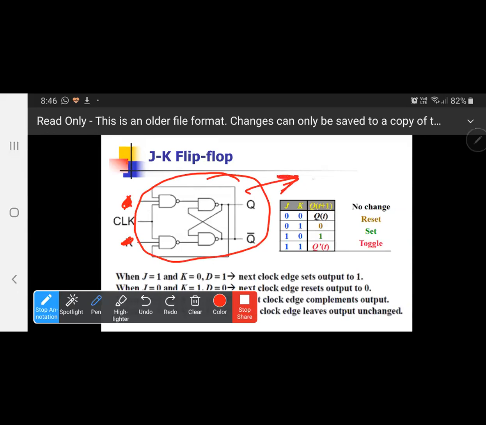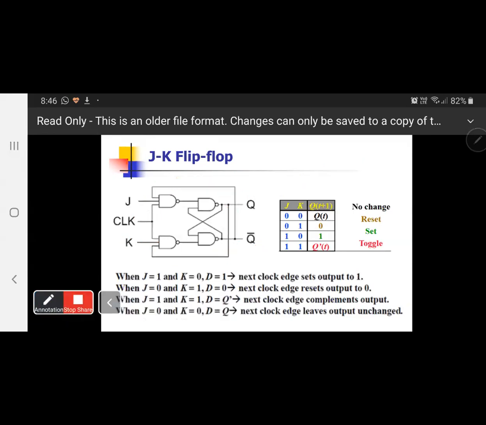JK. Okay, it is JK because we have the feedbacks here. Look, these feedbacks you didn't see before. Am I right? Yes, miss. So this is JK. And you should know the table. For the JK, it's similar to SR. Only the condition of 1 1, it will give the complement of the previous state. That's it.